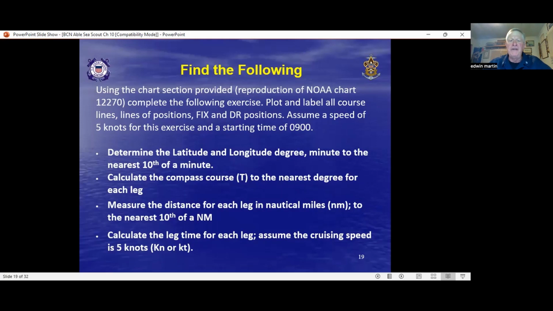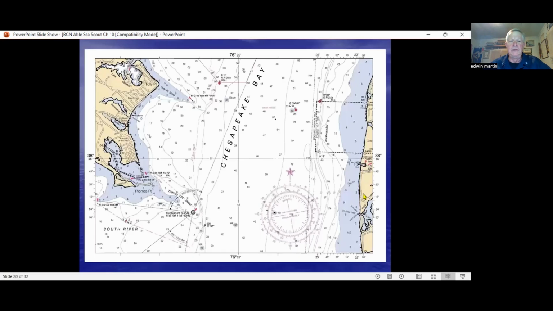So basically calculate the compass course true to the nearest degree for each leg, measure the distance for each leg in nautical miles to the nearest 1/10 of a nautical mile, and then calculate the leg time, assuming cruising speed of 5 knots. So what did I do? I'm going to give you the answers to all those questions.